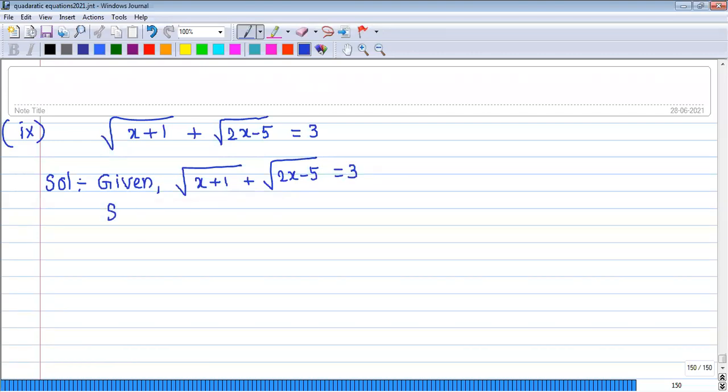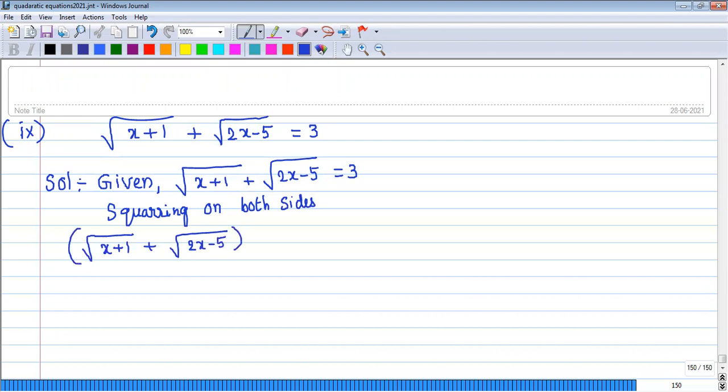Squaring on both sides. So we get, root of x plus 1 plus root of 2x minus 5, whole square, equals right hand side 3 square. This is (a plus b) whole square.